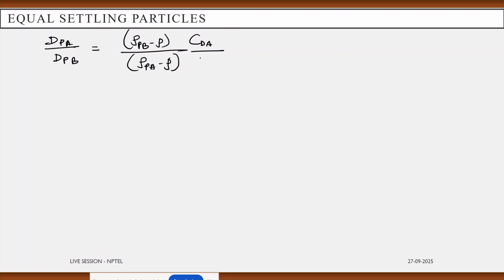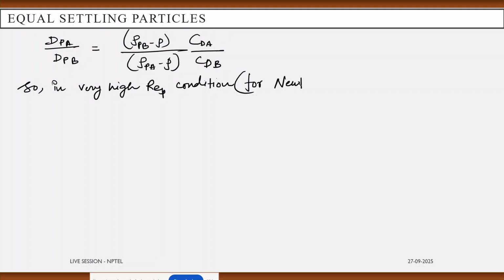So when we are considering a very high Reynolds condition for the Newton's flow regime, we will get CD at a constant value of 0.44 for spherical particles.